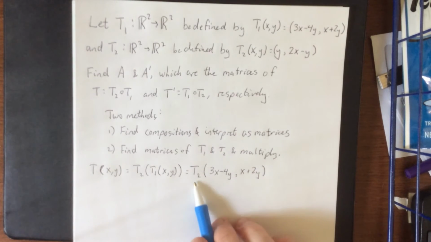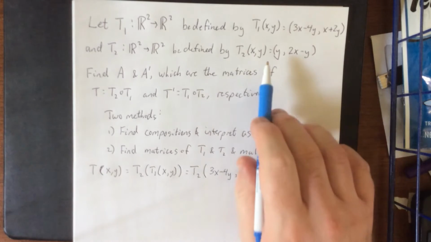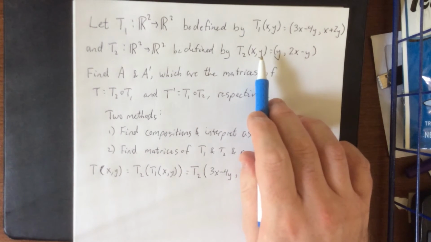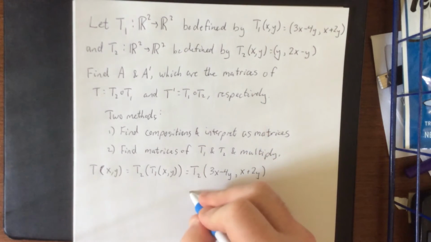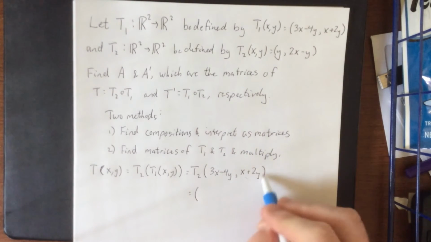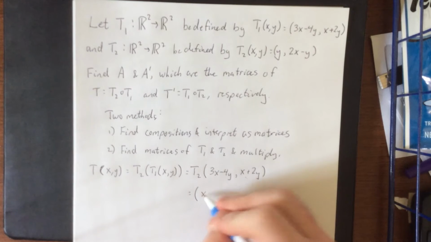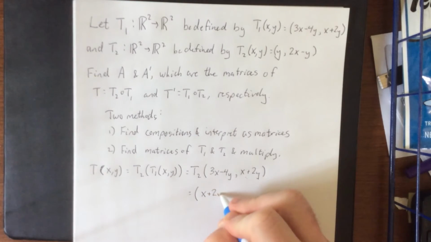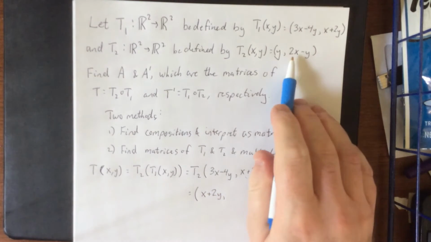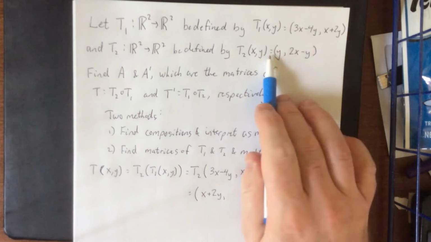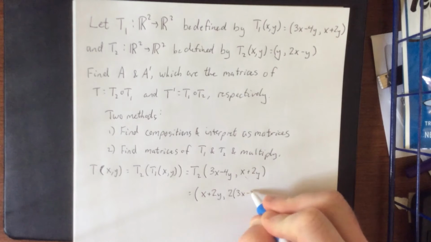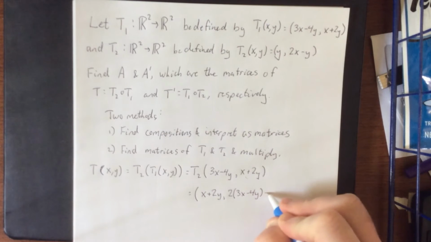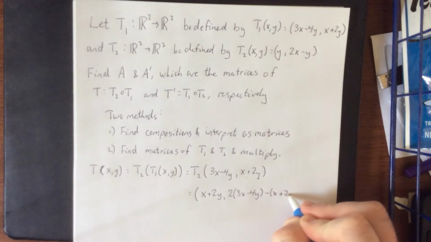Now what T2 does is it says the second component of the pre-image will become the first component of the image. So the second component here will become the first component here. And then we do 2 times the first component minus the second component.